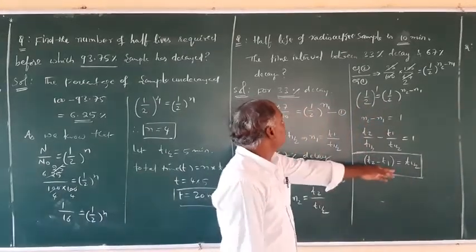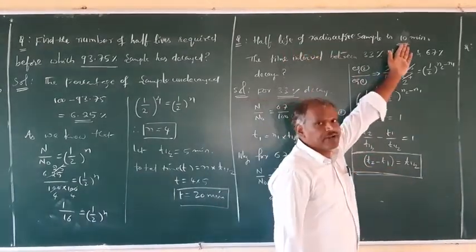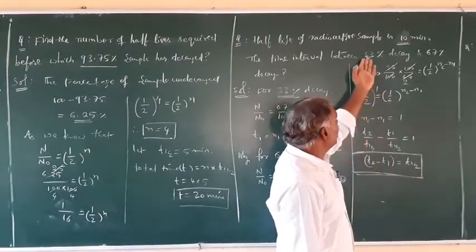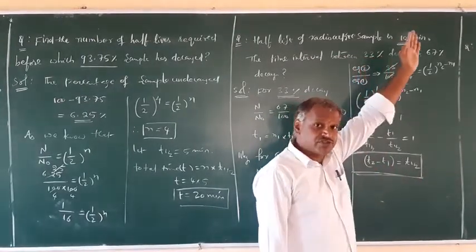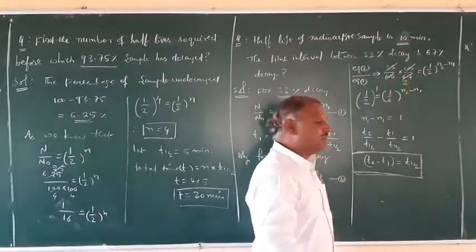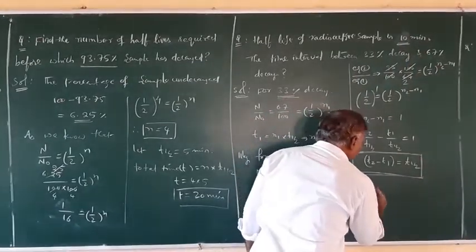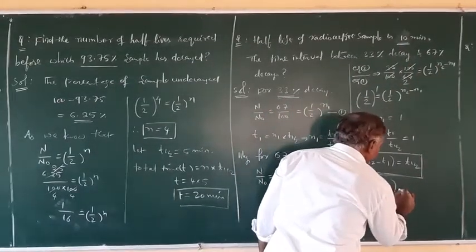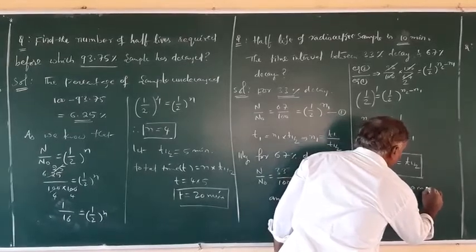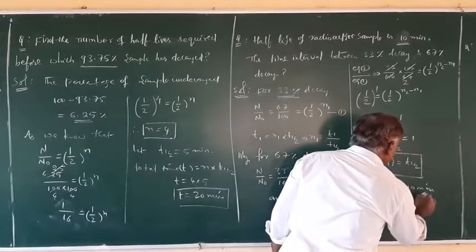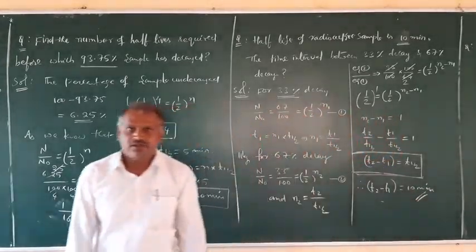So that means the time period is 10 minutes. How much time is required to make the decay from 33% to 67%? It is only 10 minutes. Therefore T2 minus T1 is equal to 10 minutes only, right? So this is the required answer, right?